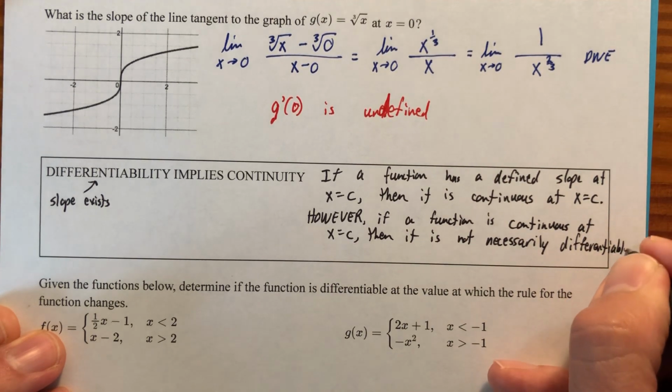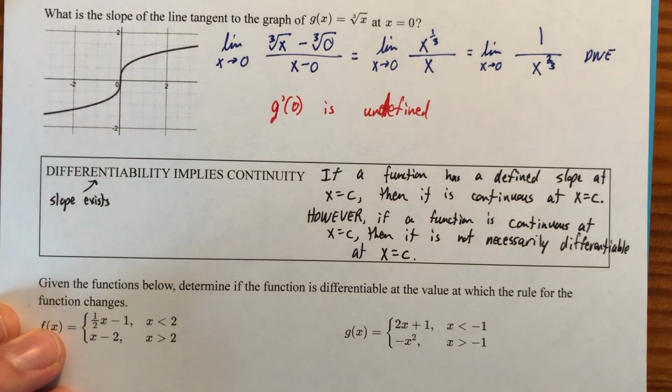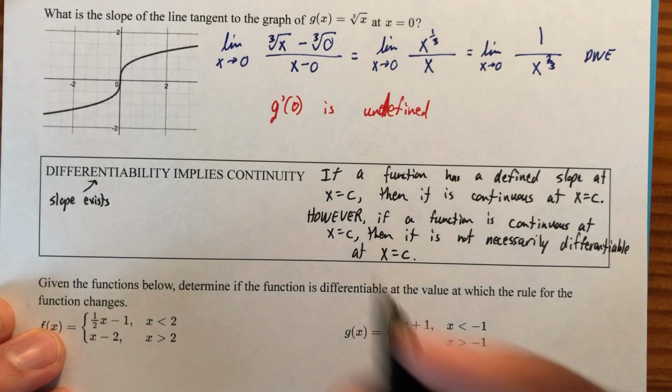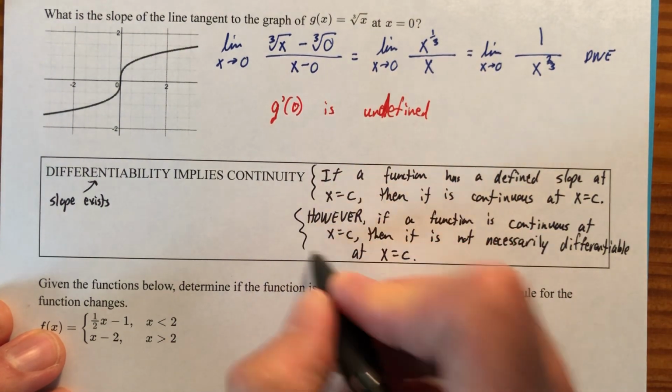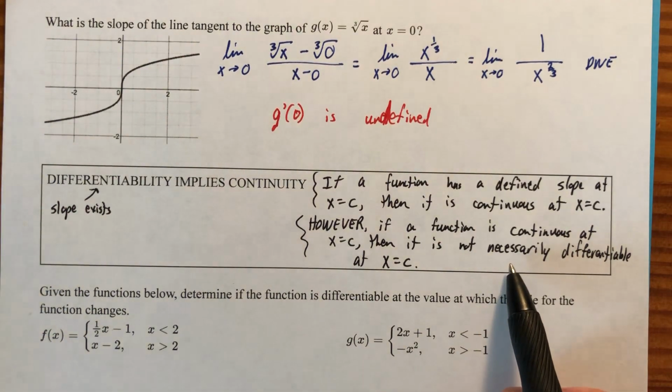I ran out of the box. Okay, all right, so let's back up and talk about this again. We had two ideas. Here's one idea, here's the other. If a function is continuous, then it's not necessarily differentiable.